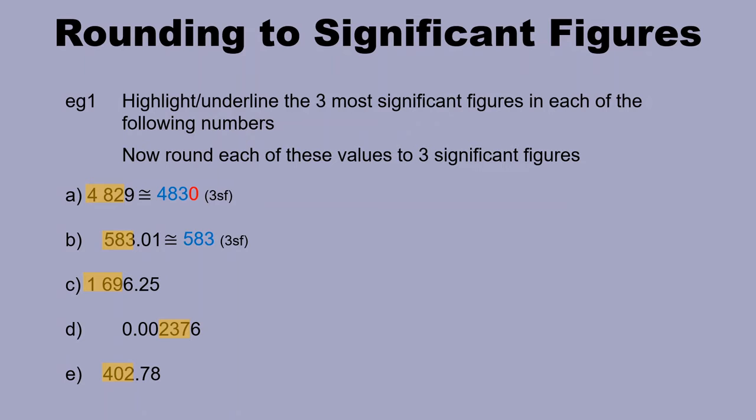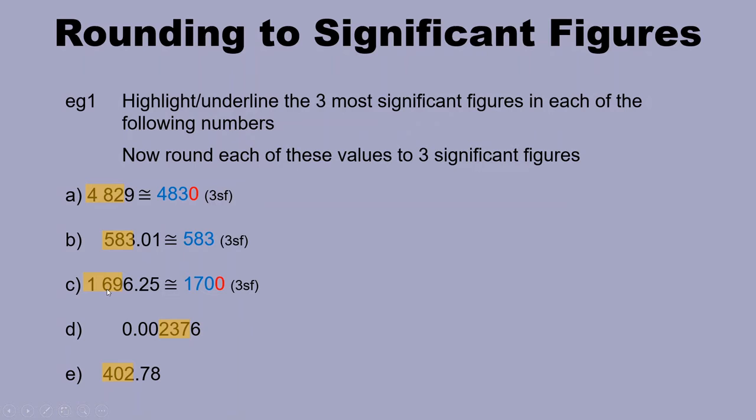For question C, when I round this to 3 significant figures, that 9 has got a 6 next to it. Any number 5 or higher is big enough to make our last digit round up. And a 9 would round up to one value higher, which is 10. Now, as we can't fit 10 in one place value, I'll put a 0 here, and I'll pass the 1 up to the next place value. So that 6 is going to get added with that 1 from the 10.